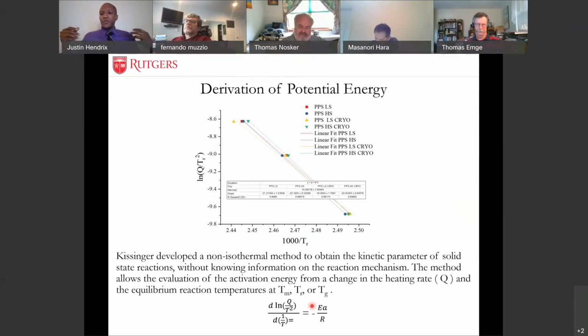The idea is to get an idea of the change in the activation energy from this process at these equilibrium temperatures. And our temperatures are going to be the melting temperature, recrystallization temperature, and the glass transition temperature.